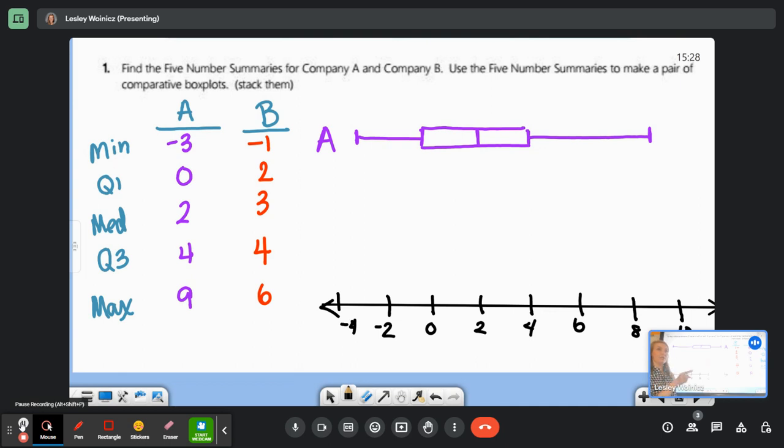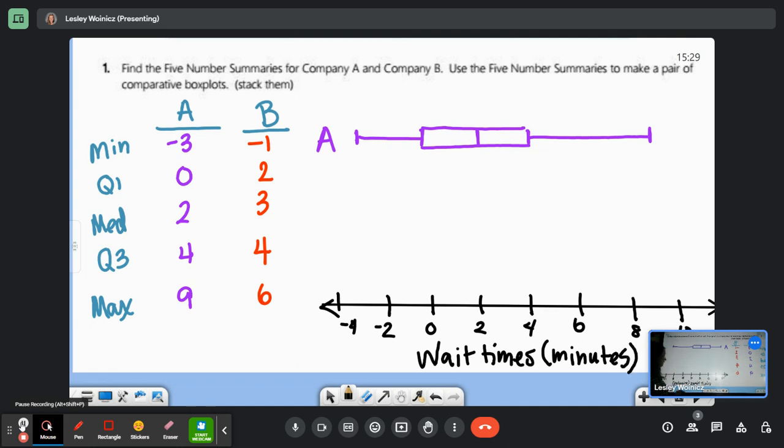What kind of times? Okay. I'm going to say wait times, but you had it right. Okay, is this in hours, minutes, seconds? What is it? Okay, make sure you've got it labeled.